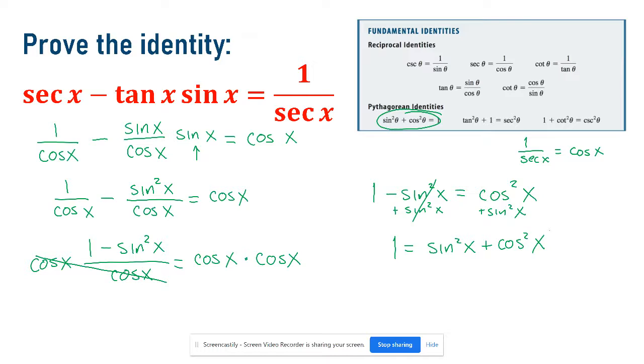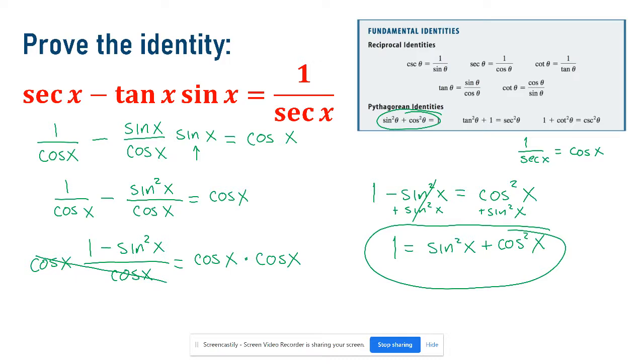So when we can get it to here, we know 100% that this is a true identity, that this equation actually works out. So that's what you're trying to do, is you're trying to work these things down until you can match them with one of these identities we already know, or until you can get to the exact same thing on both sides of the equation.